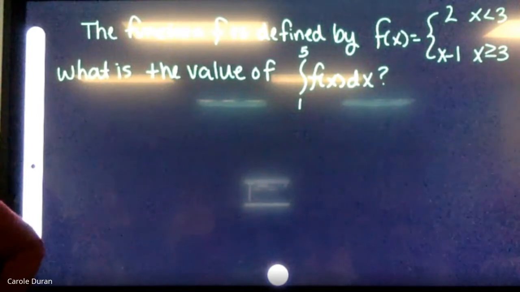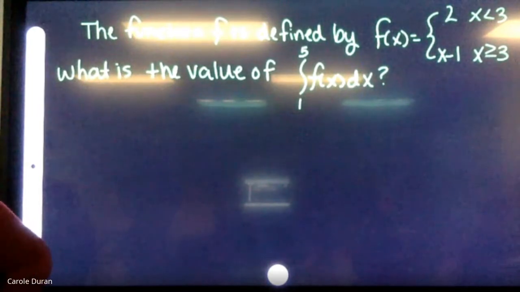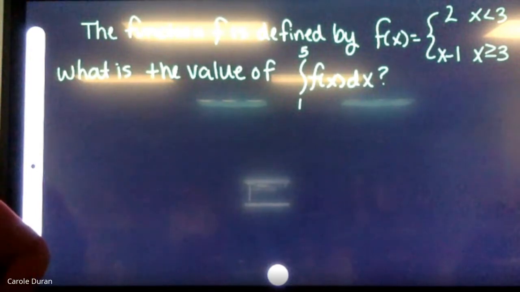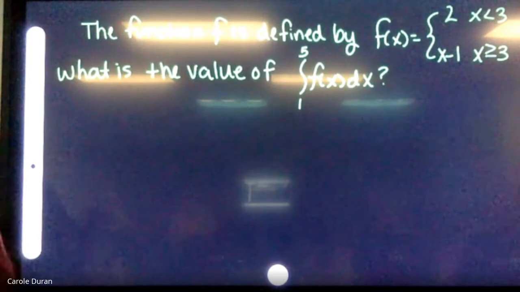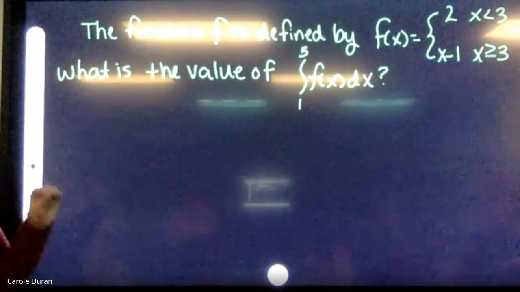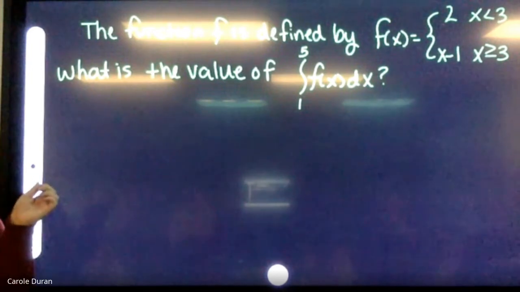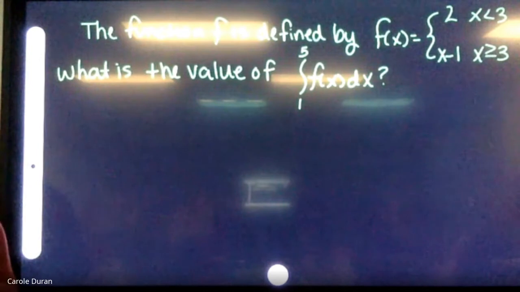Let's do this example. So the function f is defined by this piecewise function. What is the value of the integral from 1 to 5 of f of x dx? Anybody have an idea of how we're going to do this? First question. For my piecewise function, are both of these functions on the domain from 1 to 5? Yes. Technically, individually, they are not. Together, they are.